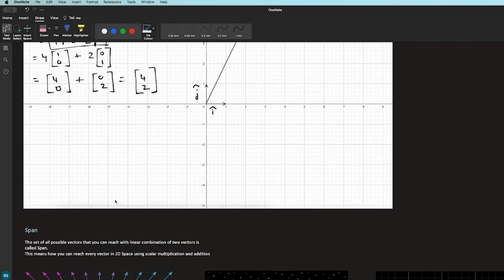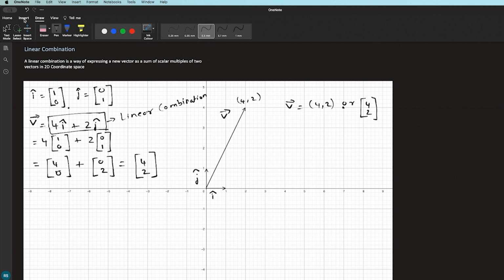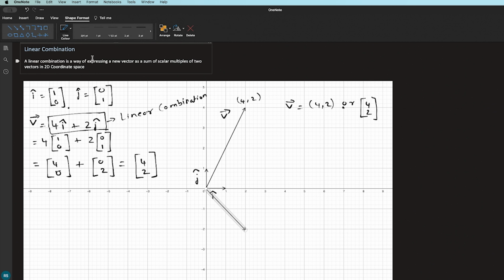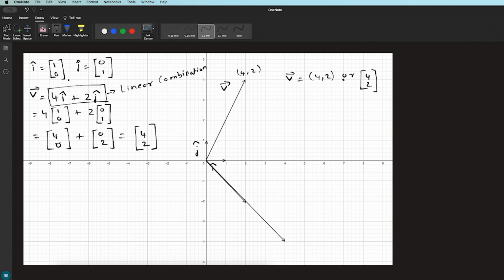To understand this better, I am drawing the vectors here. For example, this vector is (-2, 2) and this vector is (-4, 4).